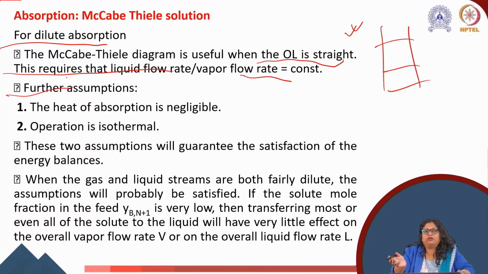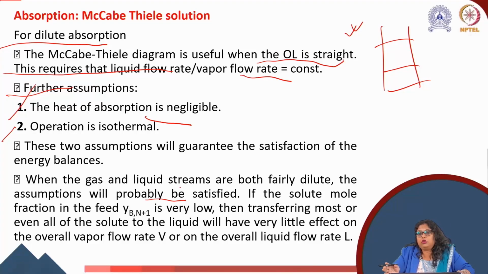A further assumption is that the heat of absorption is negligible and operation is isothermal. These two assumptions guarantee satisfaction of the energy balances. When the gas and liquid streams are both fairly dilute, the assumption will probably be satisfied.